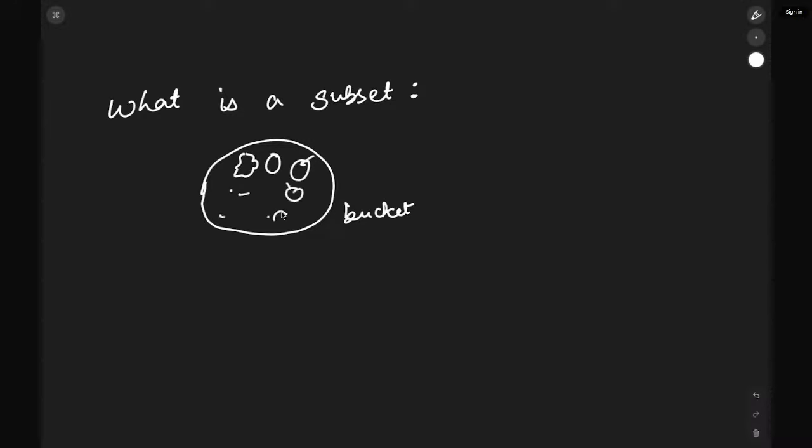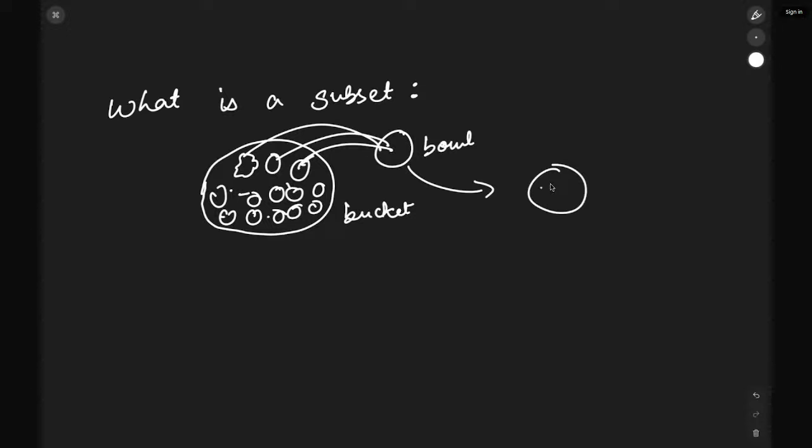Now a person came and he brought a bowl, and he picked some of these fruits and put them in the bowl. Now the bowl will contain some of the fruits which were initially in the bucket, like this apple, pineapple, guava.